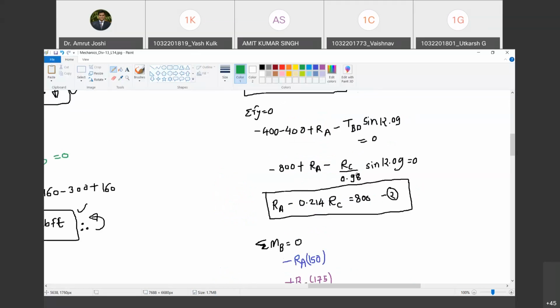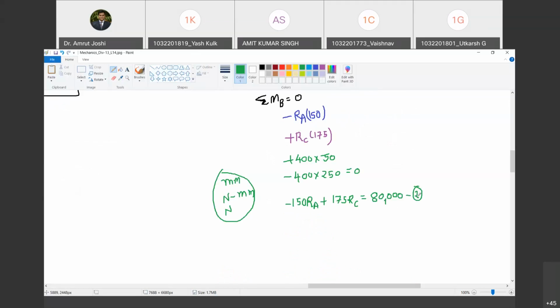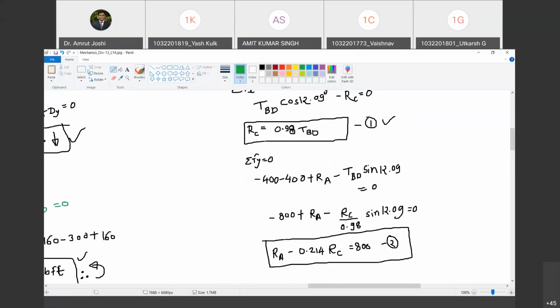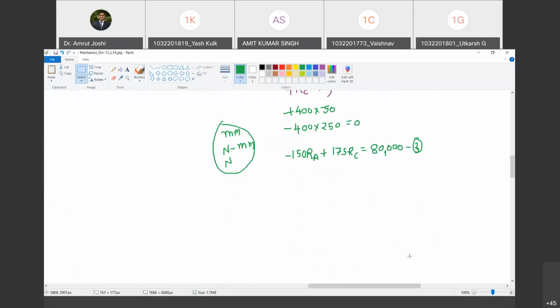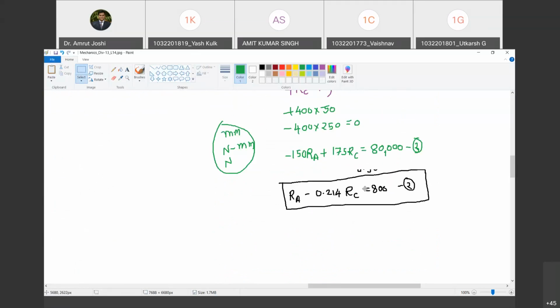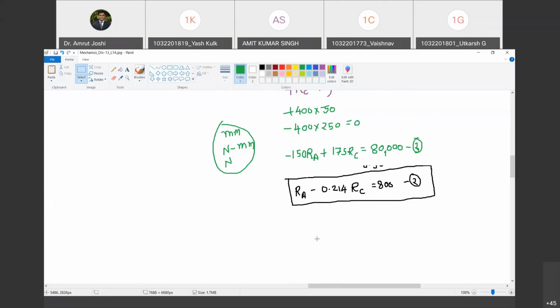So can you solve equation number 3? I am sorry. Equation number 3 and 2 simultaneously. Yes, easily. Quickly we will finish that and then we will stop for the day. So let me bring this equation here. Solve these two equations simultaneously. Chalo, I am solving with you. So we will go to equation mode. In equation mode, the coefficient of RA in first equation is minus 150.